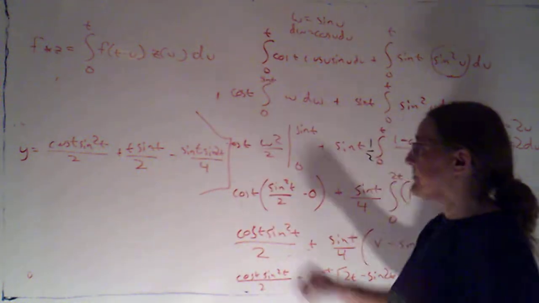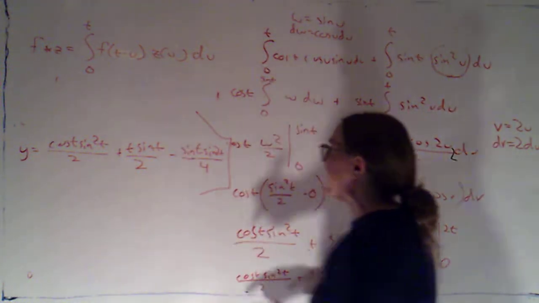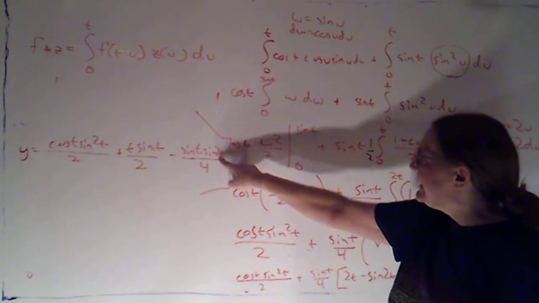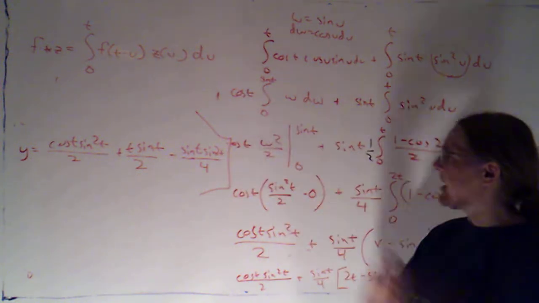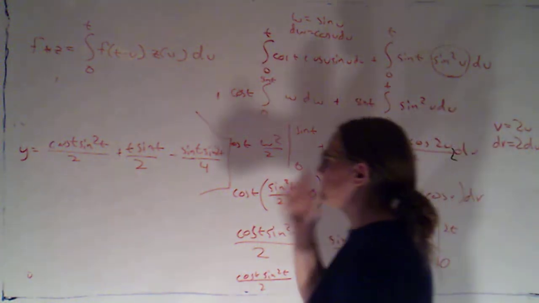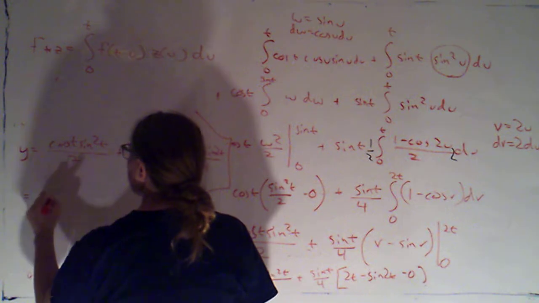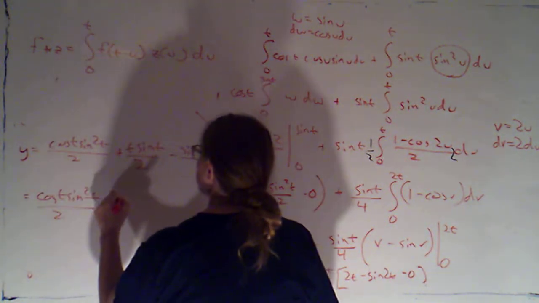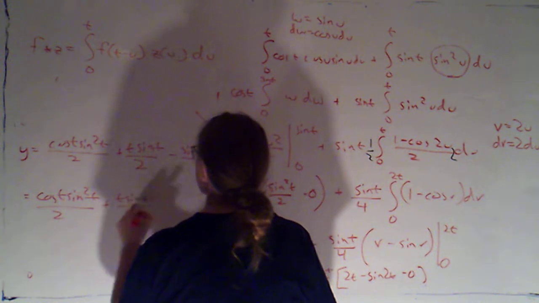Now, if I wanted to simplify that further, I certainly can, because I could use the double angle formula for sine. In fact, let's just do that, because I think that might give us some stuff that's going to combine, but I'm not sure.